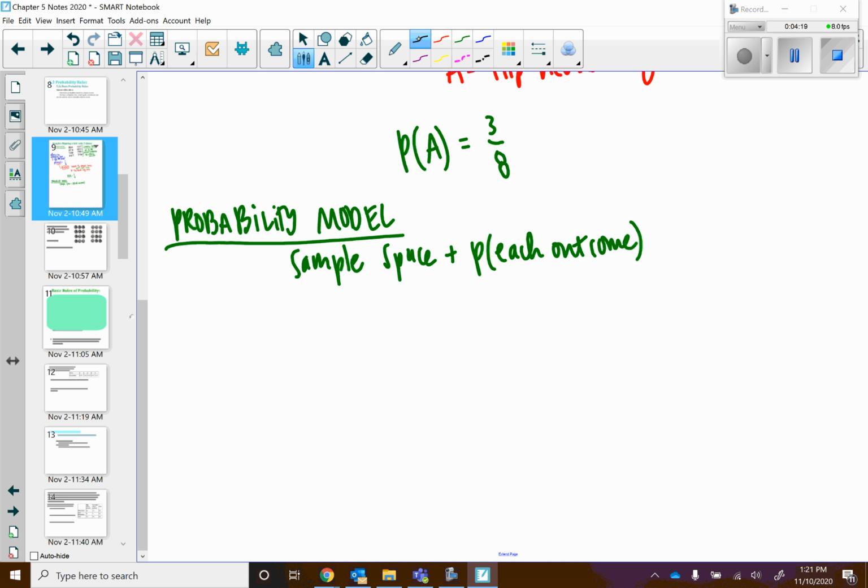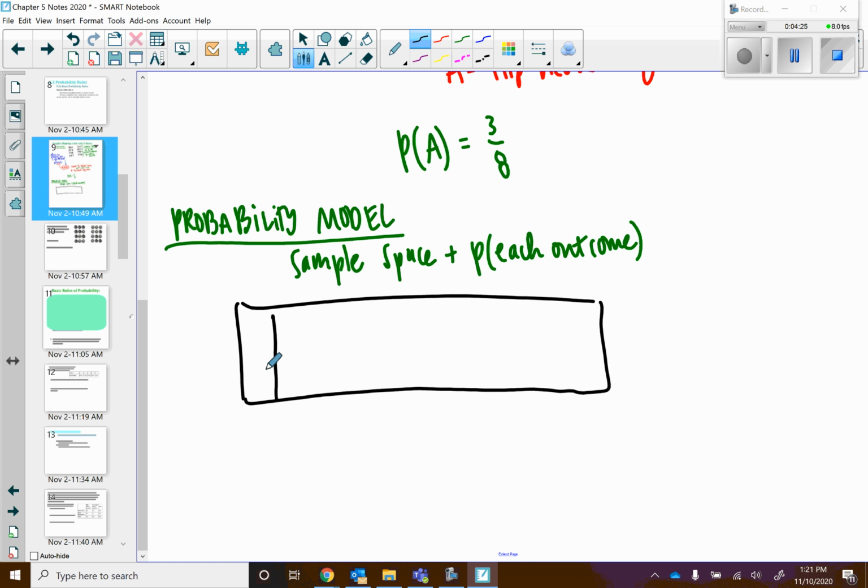And often this looks like a table. The most common way you're going to see this is in a table where we have X as an event and the probability of X as obviously the probability.